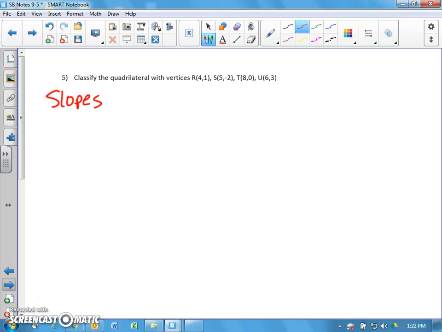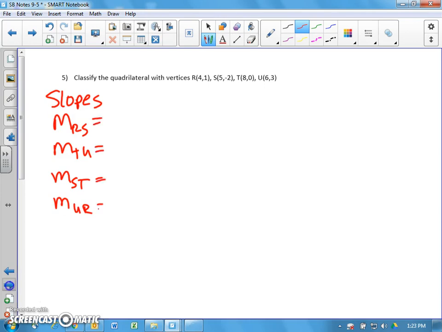Our quadrilateral is RSTU, so what we need is the slope of side RS, ST. Well, let's go ahead and pair the ones that would be opposite. RS, then ST, then TU, and U back to R. Okay, so let's go calculate our slopes.